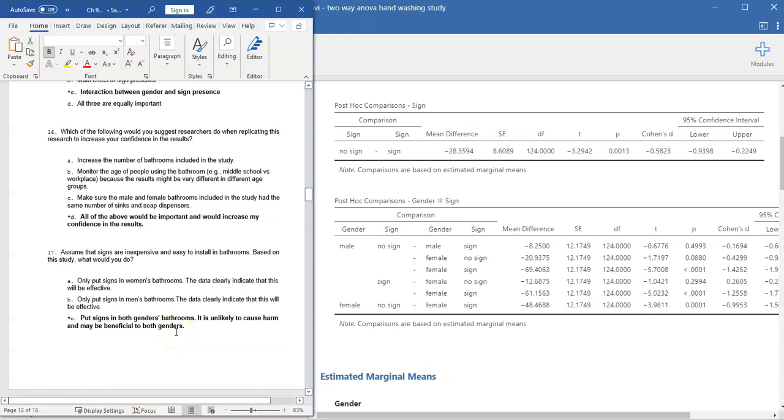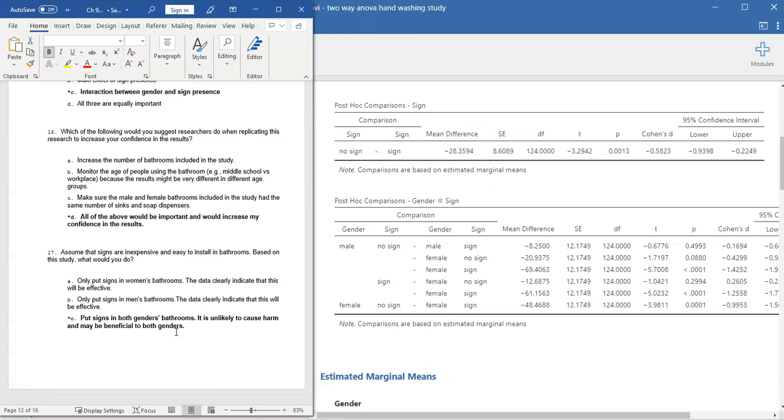Next question is talking about the methodological rigor of the study, and it's talking about which of the following things would increase your confidence in the results. And really, the answer is all of them. If you increase the number of bathrooms used, you guard against there being something weird about one or more of the bathrooms. So the more bathrooms you use, the better sample you have of bathrooms, right?